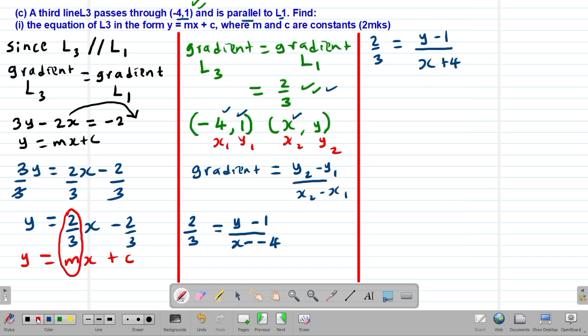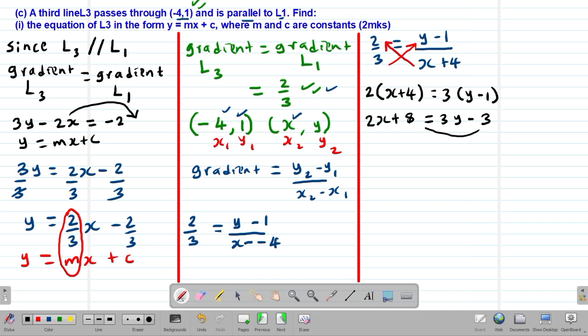Then of course I'll do cross multiplication. 2 will multiply with this one, and 3 will multiply with that. So I'm going to end up with 2 into bracket x plus 4 being equal to 3 into bracket y minus 1. On opening the bracket, I'll get positive 2x, plus 2 by 4, I'll get positive 8, being equal to 3y, then minus 3.